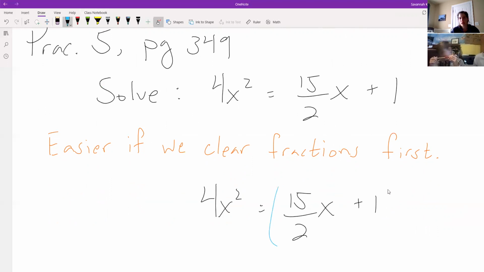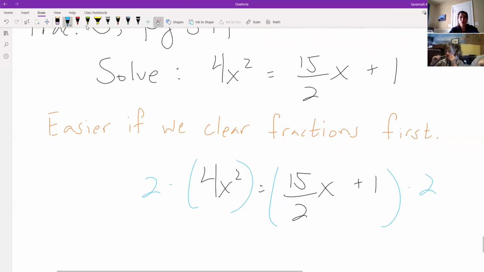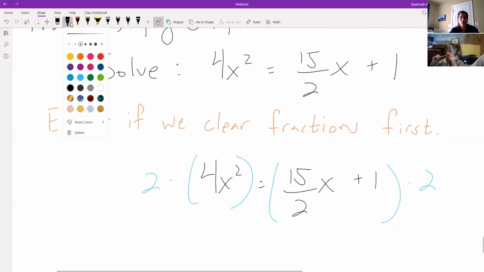So on the right side, you can multiply by a 2. And on the left side, multiply by a 2. That way your equation is kept balanced. Nice and easy on the left because 2 times 4x squared just bumps you up to an 8x squared.